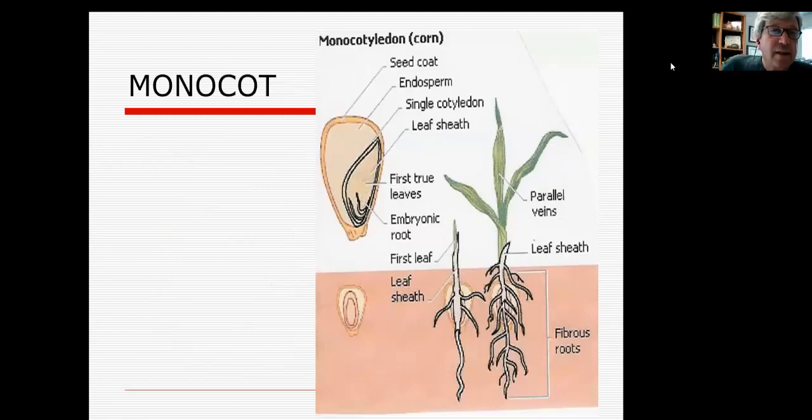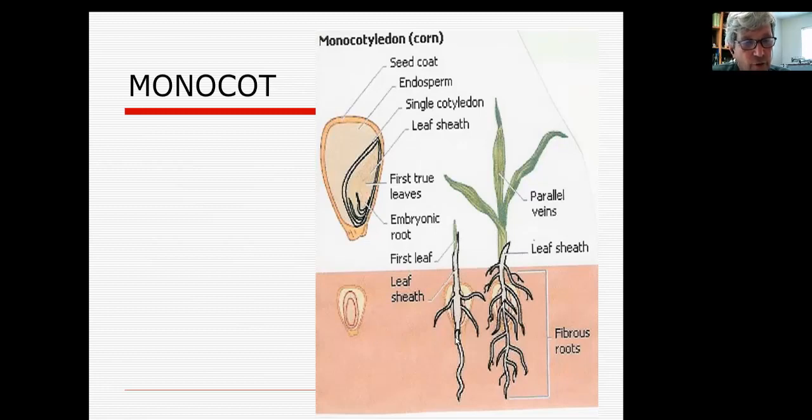Okay, so I'm going to show you a few of these things we just talked about one more time over here. The seed for a monocot has different seed parts within as well. You have a seed coat on it. We talk about this leaf sheath in here. That's the small leaves.